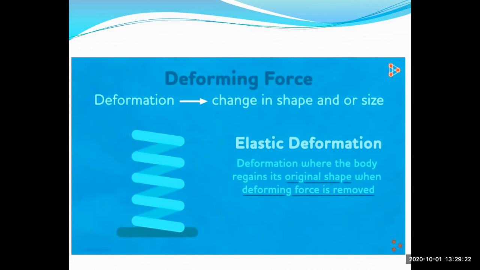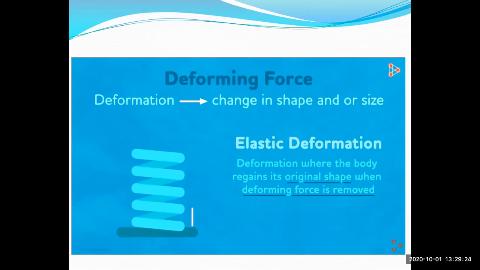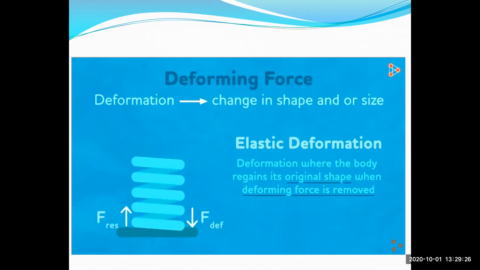But what really happens? In a state of deformation, there is a restoring force generated inside the body resisting the deformation. Yes, a restoring force. When the body is in equilibrium, this restoring force is equal in magnitude to the deforming force and acts in opposite direction.